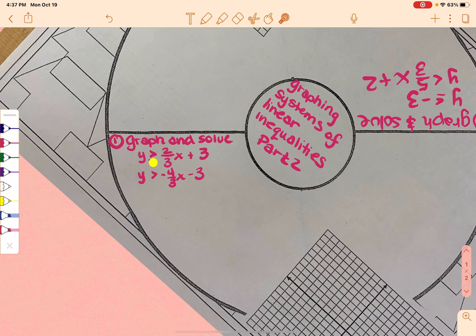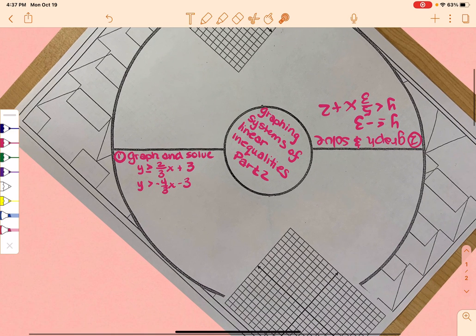Y is greater than or equal to 2/3 x plus 3, and y is greater than -4/3x minus 3. So I'm going to take these two and kind of separate them like we've been doing to make it easier for us to find those four pieces.